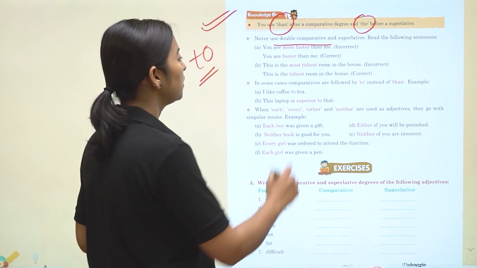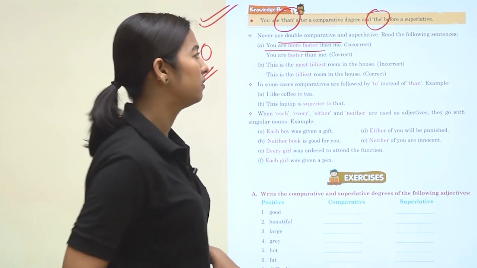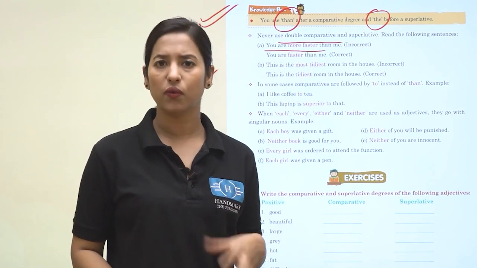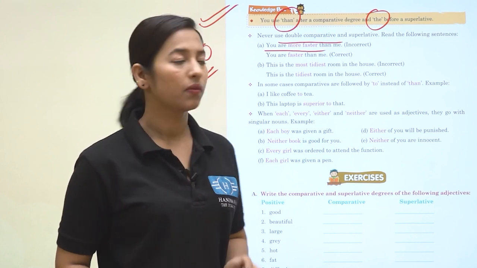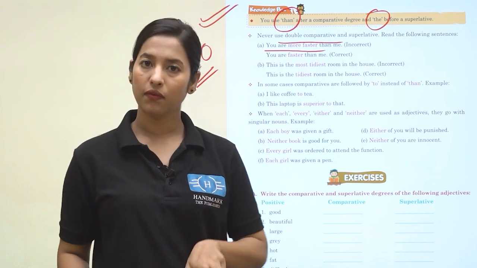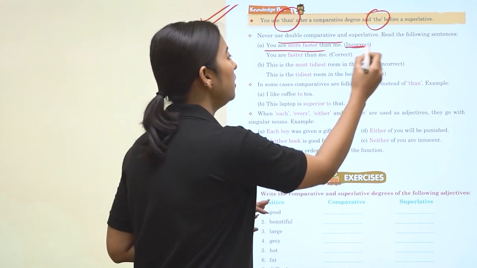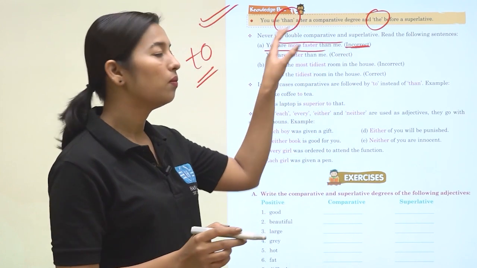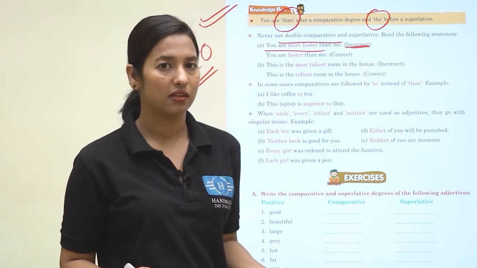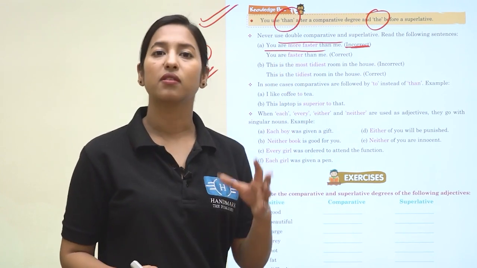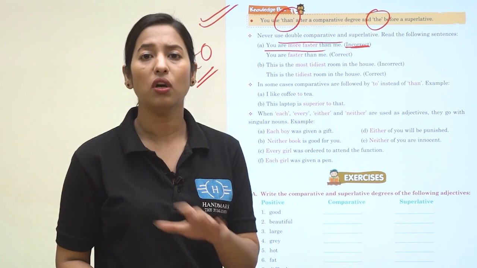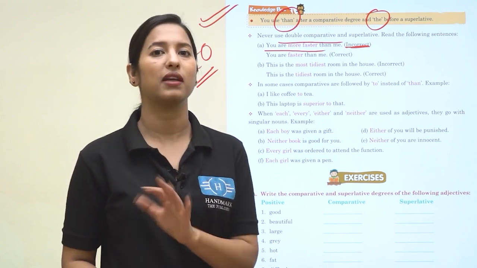For example, you are more faster. So, more is also used for comparative degree with some words, and faster itself is a comparative degree. So, here it would be incorrect. Okay, so we have to remove either more or faster. With more, we always use the positive degree, more fast, okay, not more faster.